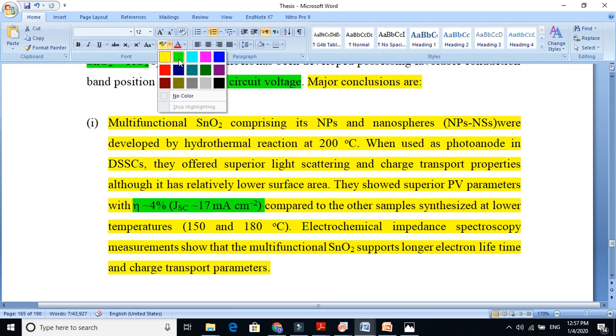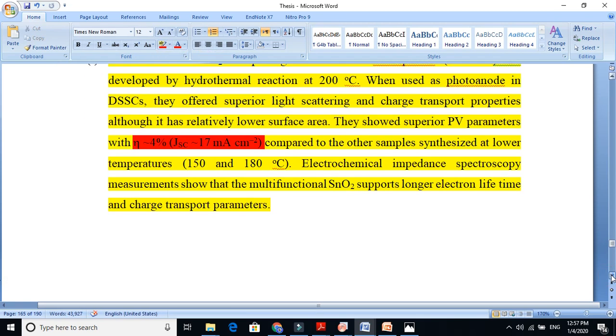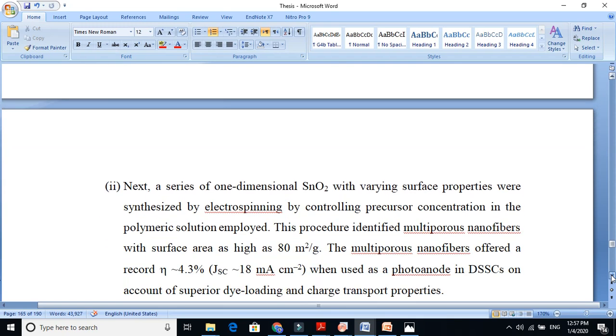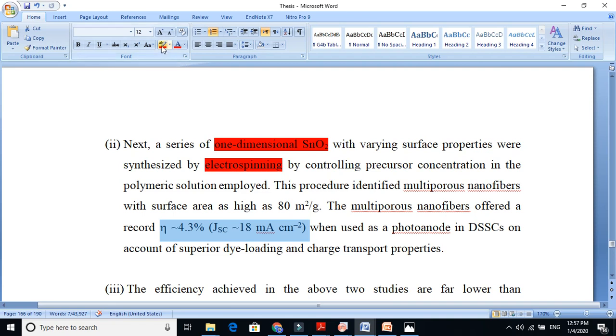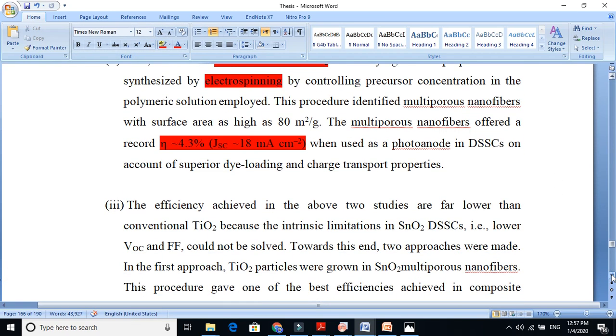This is briefly about chapter 4. In chapter 5, I developed a one-dimensional nanostructure using the electrospinning method. I characterized those electrospun nanofibers, tested them in an efficient dye-sensitized solar cell device, and we got this efficiency. You see here. And in chapter 6, we make a composite here.